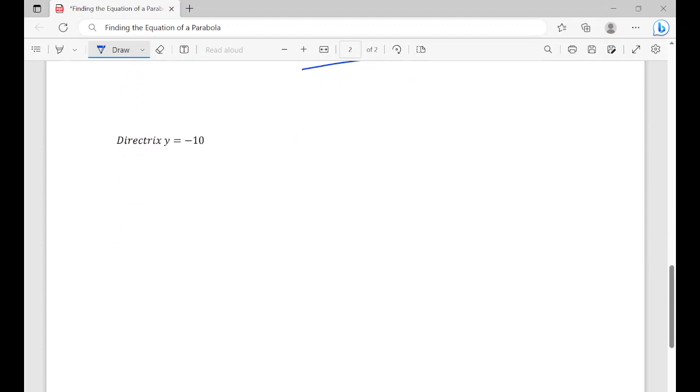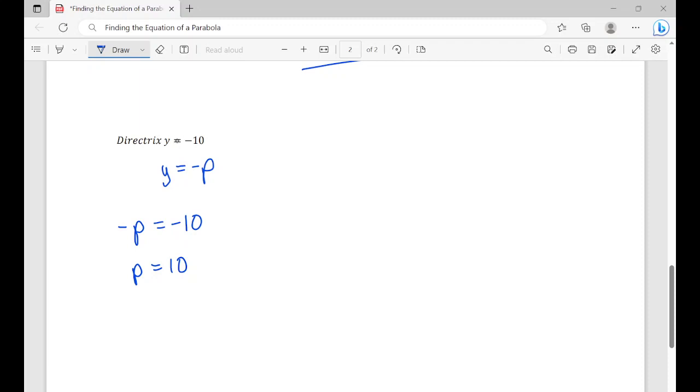Last, we have a directrix of y equals negative 10. And it normally is, since it's y equals negative p for the directrix. So we can set these equal to each other. So negative p equals negative 10. And just divide by a negative 1 or multiply by a negative 1, whichever you prefer. p equals 10. So we now know our p-value.